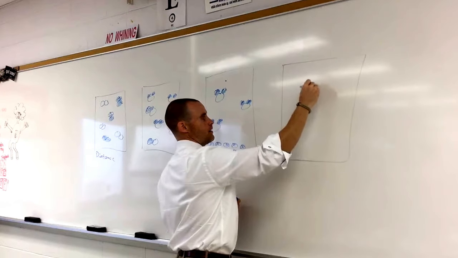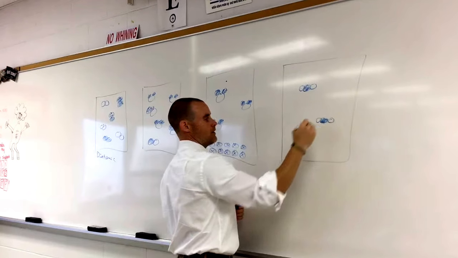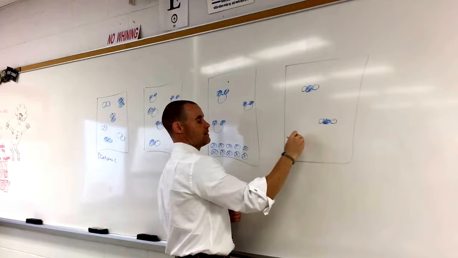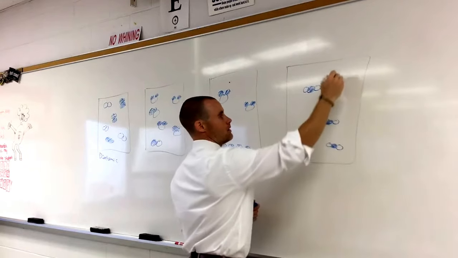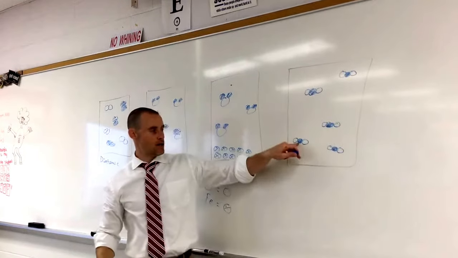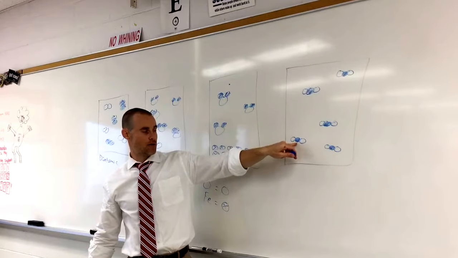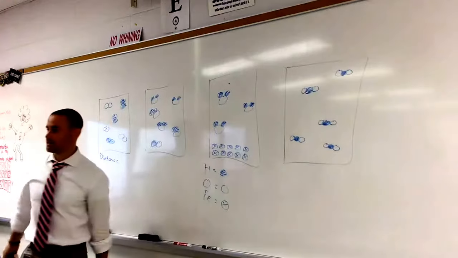We'll do carbon here, and then the oxygens are white. If you flipped it, that's fine. All right, so just make sure you always draw at least 5 or 6 particles, right? So CO2, so carbon would be the black one here, the shaded, and then oxygen would be unshaded. CO2 would fill the box, it's a gas.